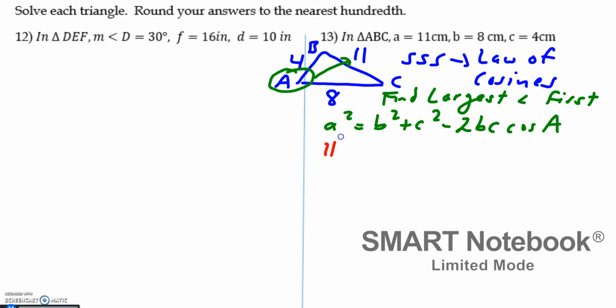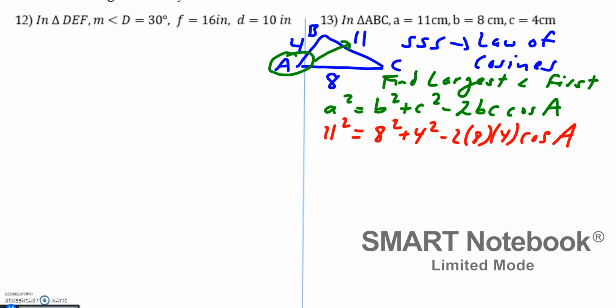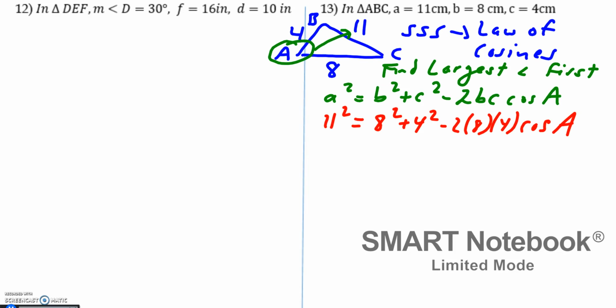We know that A squared is 11, so 11 squared equals 8 squared plus 4 squared minus 2 times 8 times 4 cosine of, I don't know, so cosine of A. So that's what we're trying to find. Because if it asks me to solve the triangle, I need to find all the remaining pieces, which are going to be 3 angles.